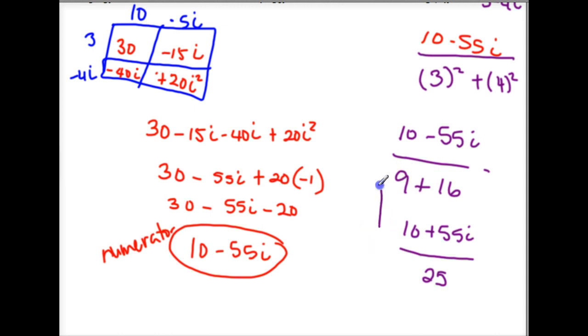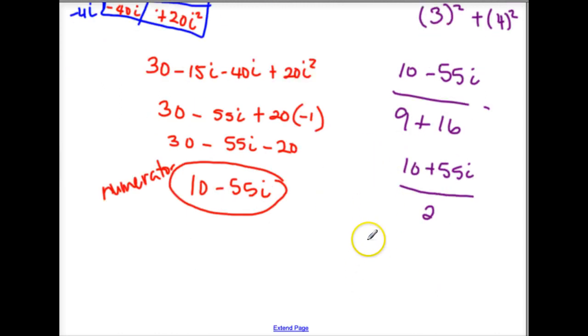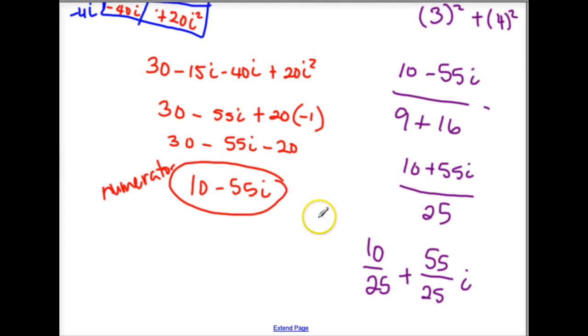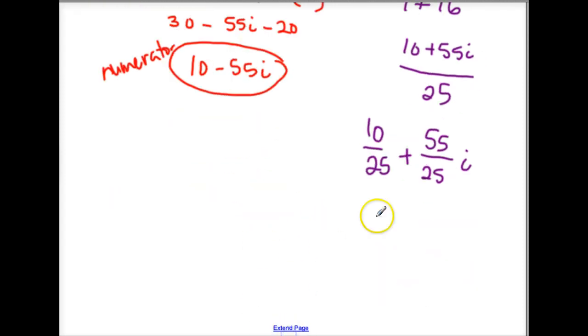Now remember, simplest form means I'm going to break this down. 10 over 25, sorry, and 55 over 25i. Again, simplest fraction because that's what they asked me for. Put 10 over 25 in the calculator, hit enter, you get 2 over 5 minus 11 over 5i.